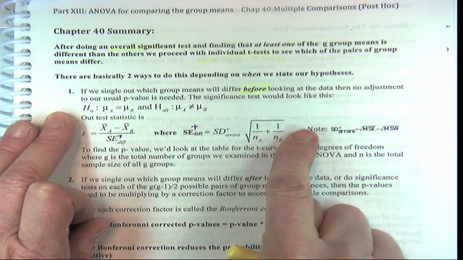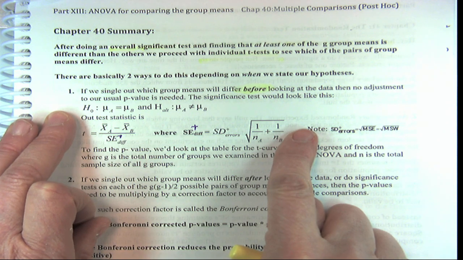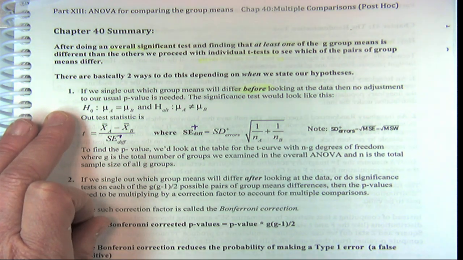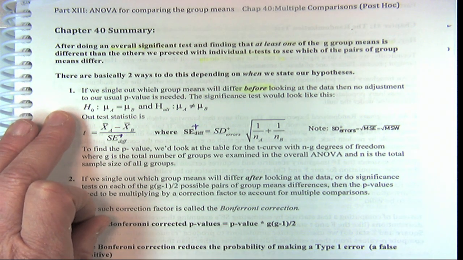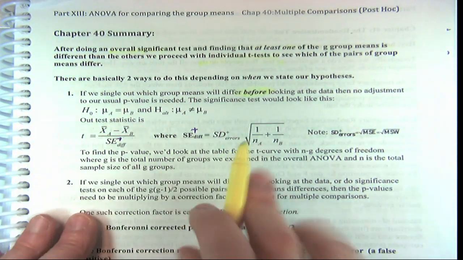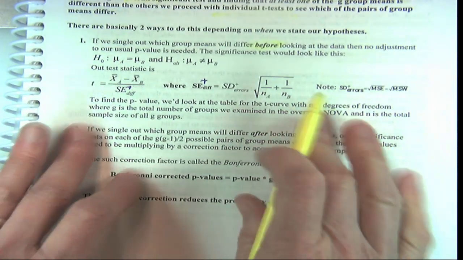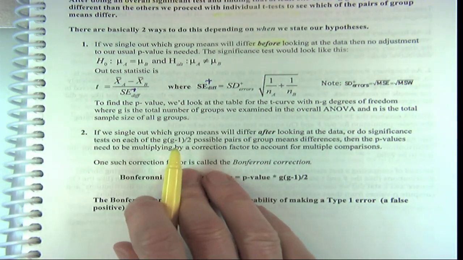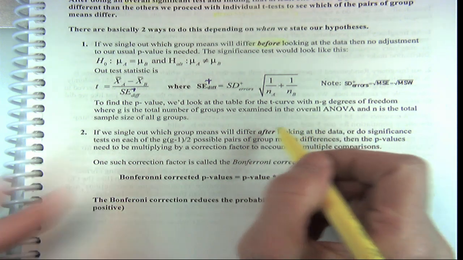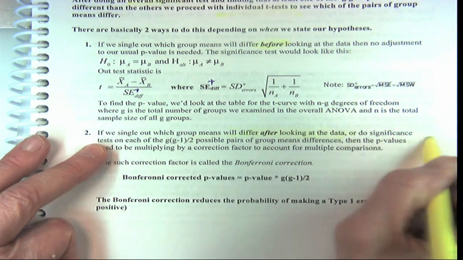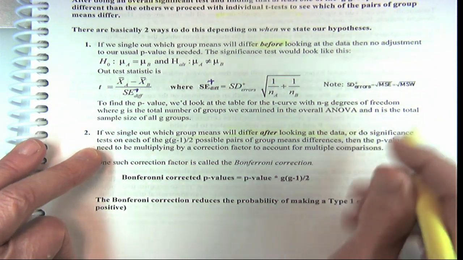Like the next time we do this, now that we know there's going to be a big difference among those two ethnicities, we can make that hypothesis and say that's the one we're looking at, okay? Then we don't have to do any kind of adjustment. We just do a regular t-test. But if we single out after cherry-picking, data snooping, there are two ways.